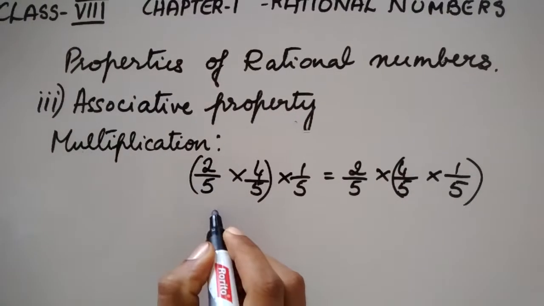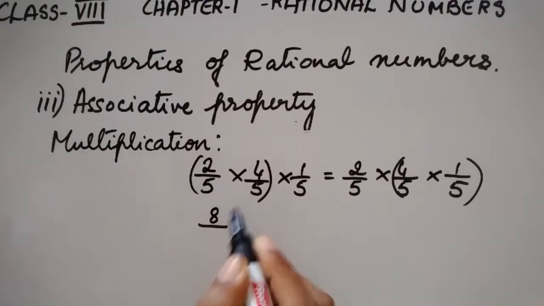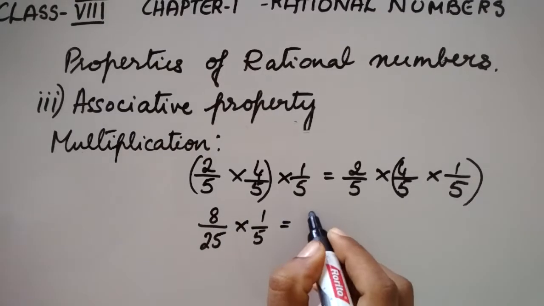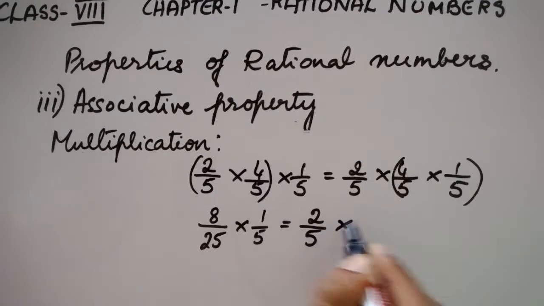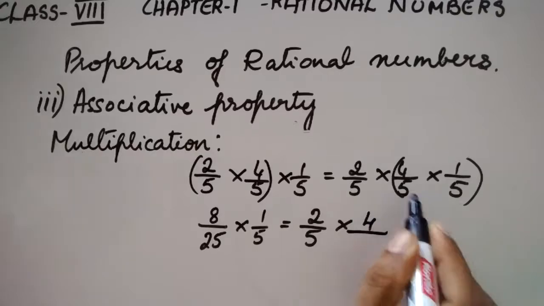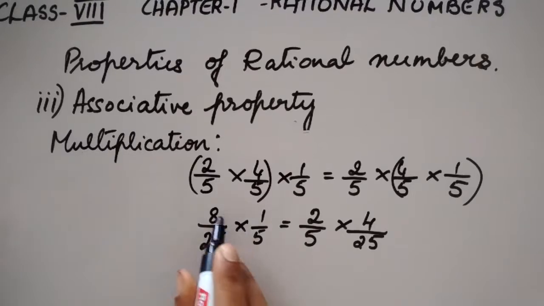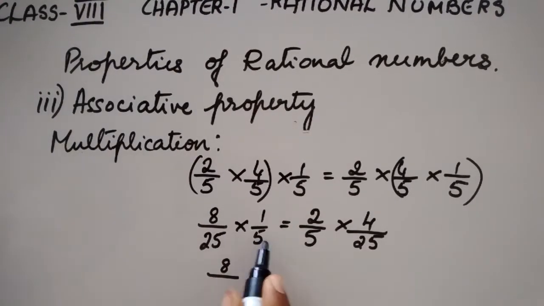So here I'll get 2 4s are 8, 5 5s are 25, into 1 divided by 5 is equal to 2 by 5 into 4 1s are 4, 5 5s are 25. So I'll get here 8 ones are 8 divided by 25 into 5.